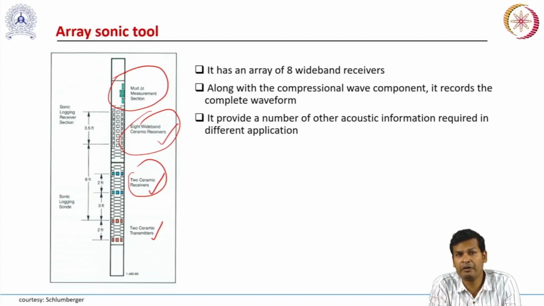For example, we already know that the velocity of a sound wave is related to the elastic modulus and the density of the formation. So these records obtained from the array sonic logging tool can be used to calculate VP, the compressional wave travel time or sonic wave travel time or other wave travel times, as well as the elastic modulus, shear modulus or bulk modulus, as well as the Poisson ratio.